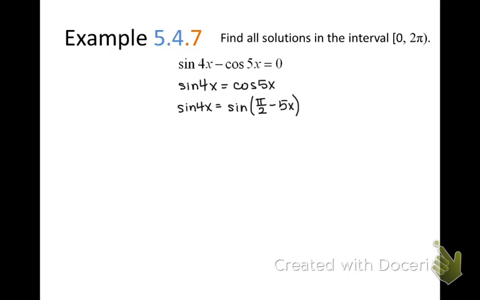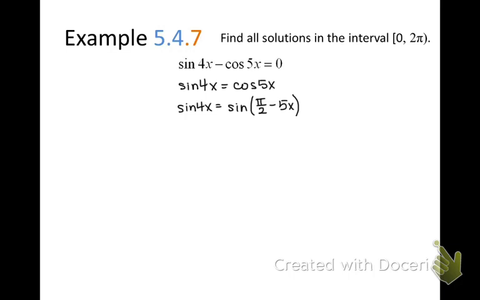So now you have to kind of use some logic. What we're saying is that I have two sine values of two angles that are going to be equal. So you have to think through what are the only times that sines would have the same value. What would the relationship between the angles have to be in order for them to come out to have the same exact sine value?